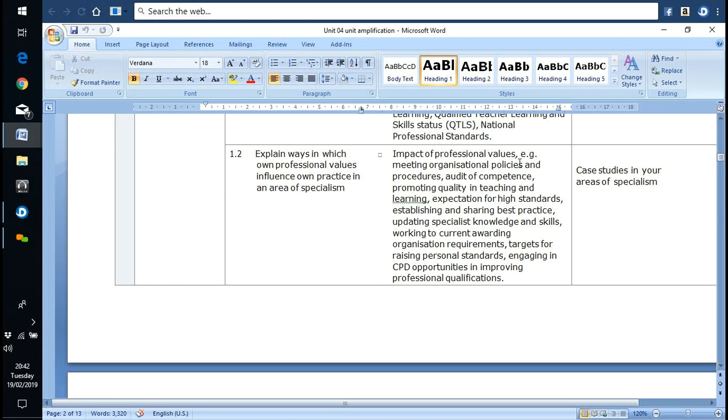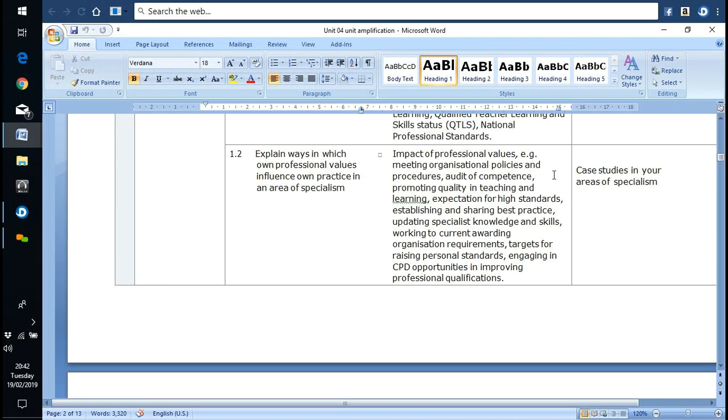Even where you say meeting organisational policies, sometimes you may have got involved in putting those policies together and making sure that what is happening on the ground is what you say you do. Or put the other way around, what you say you're going to do actually happens on a day-to-day basis. It's put into practice, not just a dusty document that's there for inspection purposes.